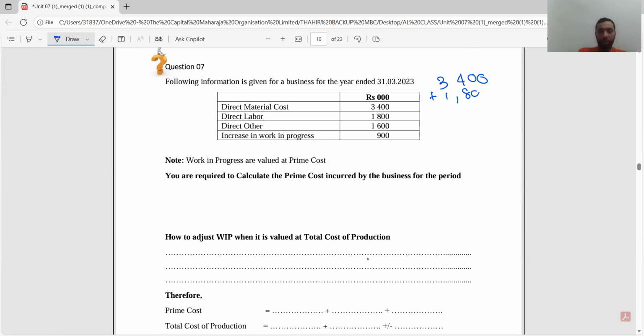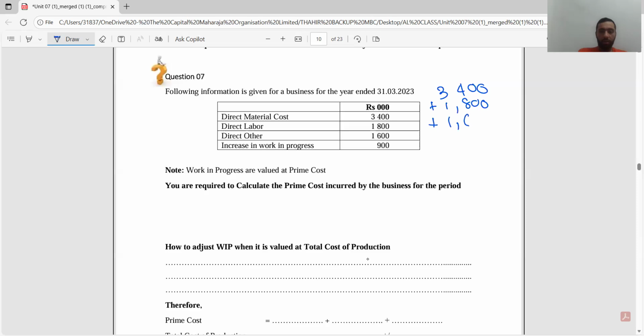You add 1,800. You add 1,600. And then what do you do? Increase in WIP means you have to reduce. Very simple. How much is the value? 5,009. Simple. Very simple.